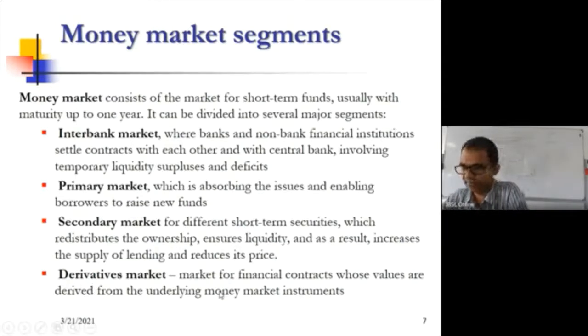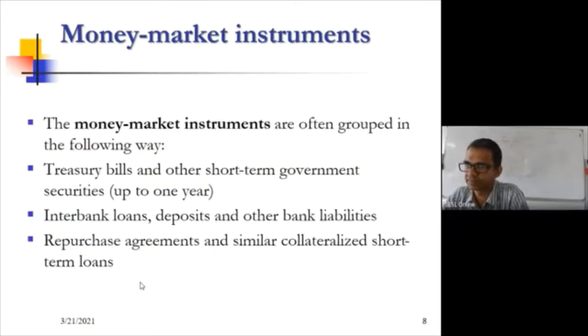Again, there can be derivatives with very short maturities, less than 1 year, or more than 1 year maturity. So the derivative market itself can be divided into money market or the long-term market. That's why I mentioned that these segments are not applicable only to the money market. In general, we can segregate into these categories.